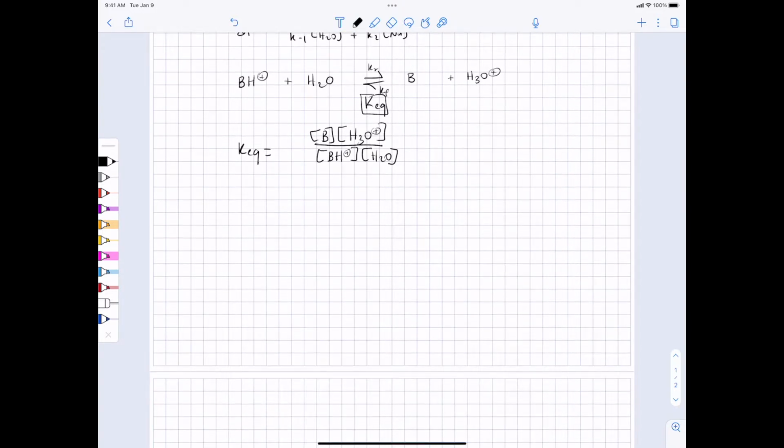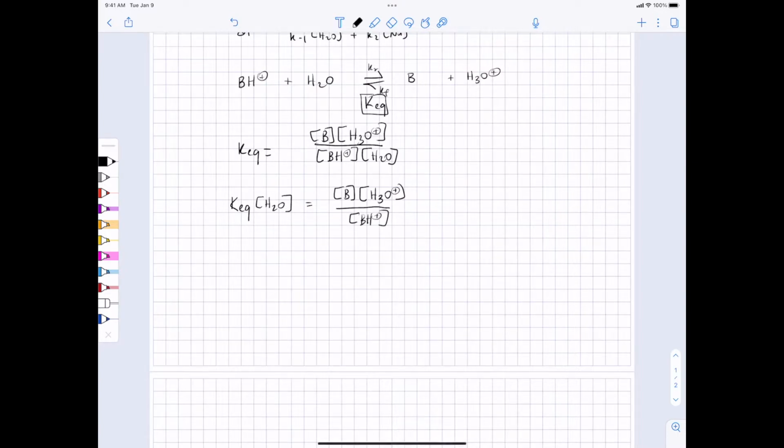And then I can move the water concentration over to this side of the equation to give me the concentration of B times the concentration of H3O+ divided by the concentration of BH+.